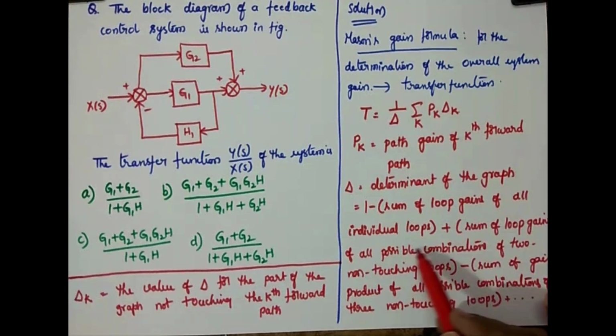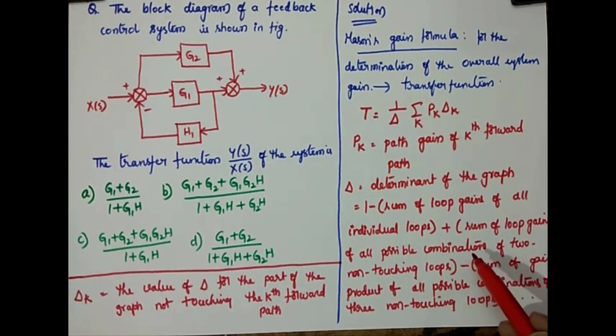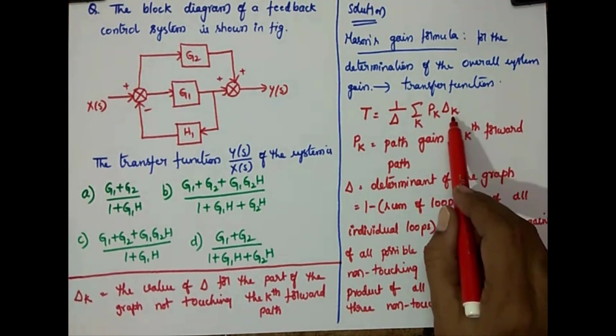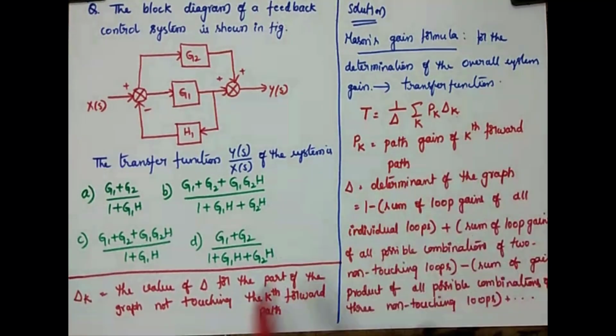Take sum of loop gains of all possible combinations of two non-touching loops. Then minus sum of gain product of all possible combinations of three non-touching loops. What is the next term? Plus sum of gain product of all possible combinations of four non-touching loops. In that way you have to extend. And then there is another term, delta k. What is delta k? Value of delta for the part of the graph not touching the kth forward path.